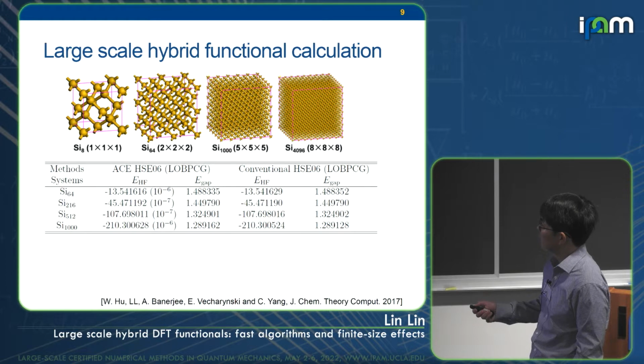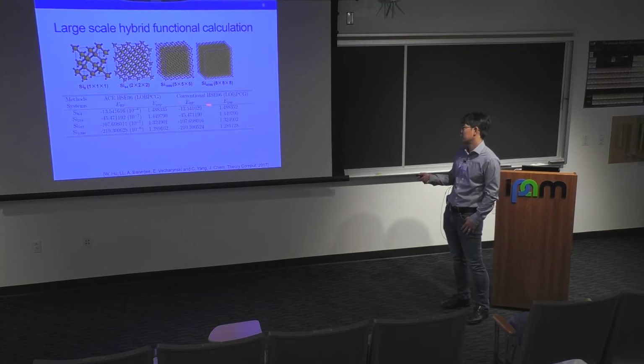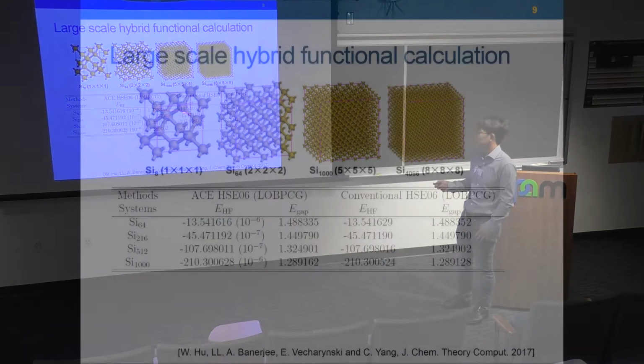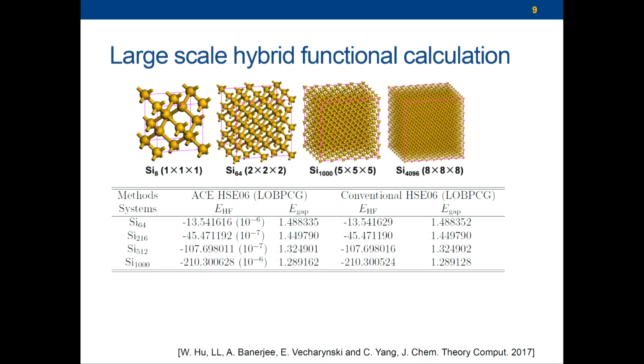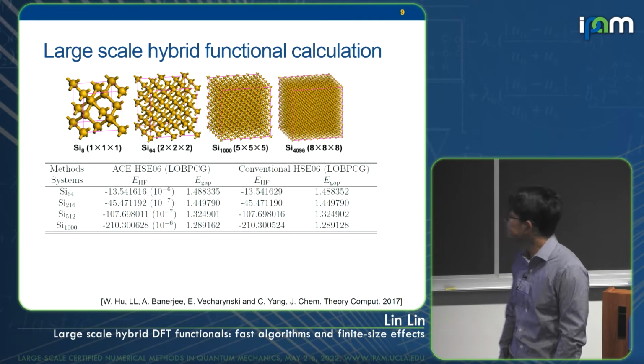The inner solver is using this locally optimal blocked preconditioned conjugate gradient, and compare that with the conventional HSE solver, and you can see that pretty much everything agrees with each other very well, and the remaining discrepancies are just because we terminated the SCF iterations. If you let it go on, it will converge to all digits.